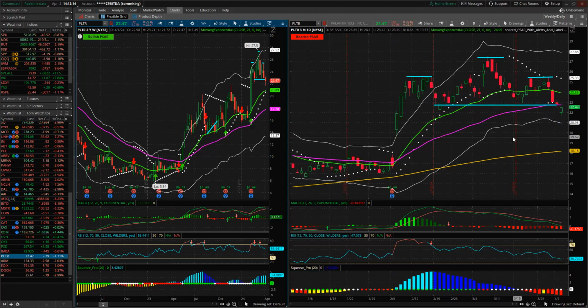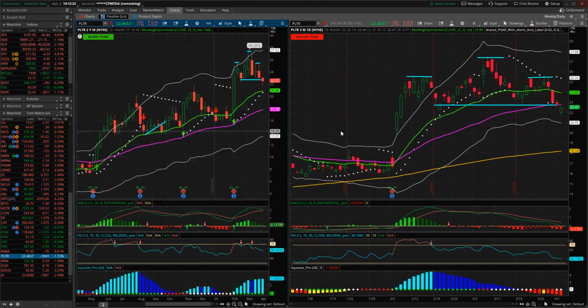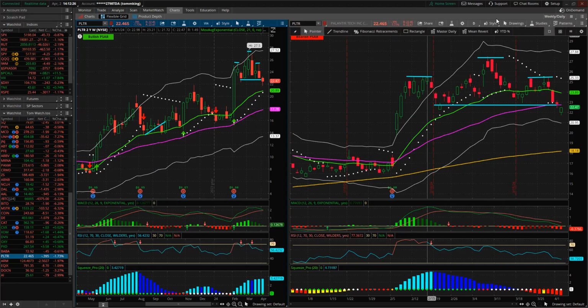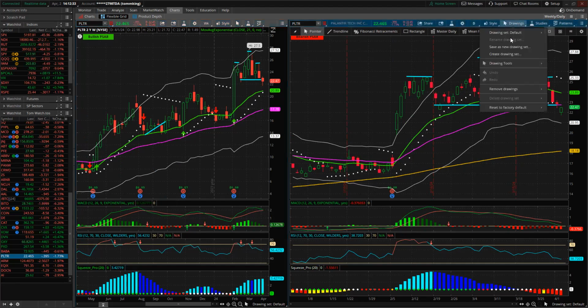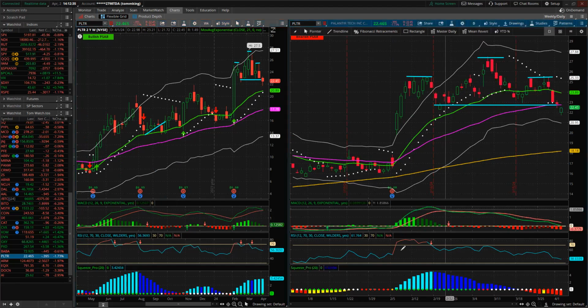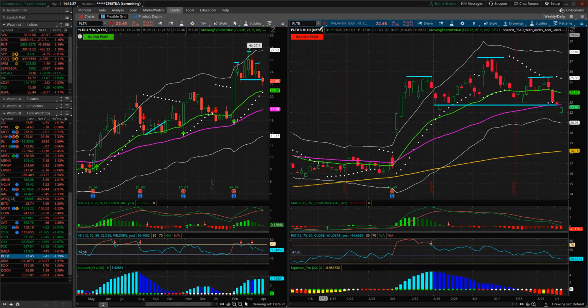I'm not going to do anything, but if I was going to do anything, I would be bearish. MACD is falling, RSI is falling, squeeze is falling. On the weekly here, MACD is falling, RSI is falling. Pretty much everything is ugly when it comes to Palantir, so I would stay out of it.